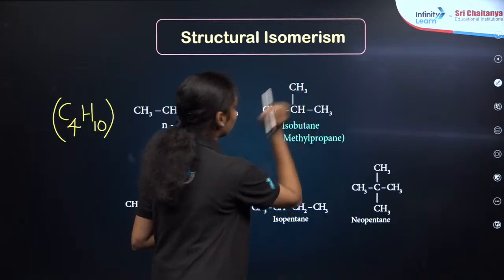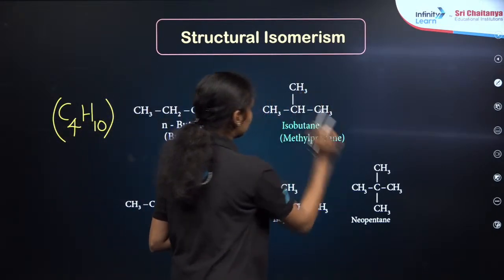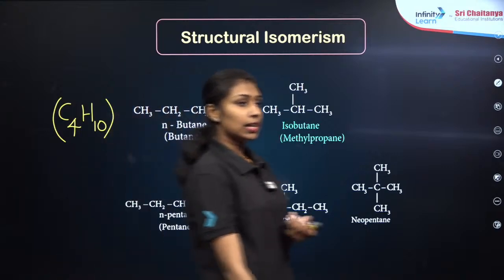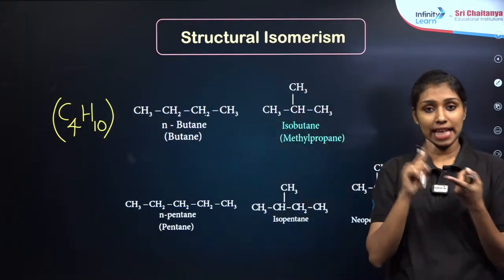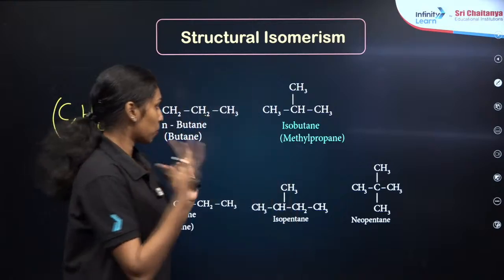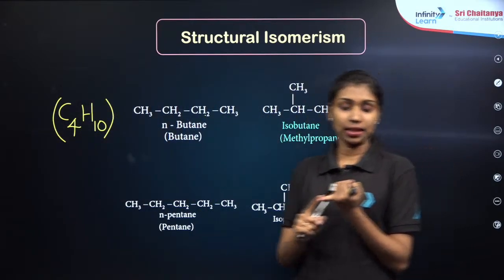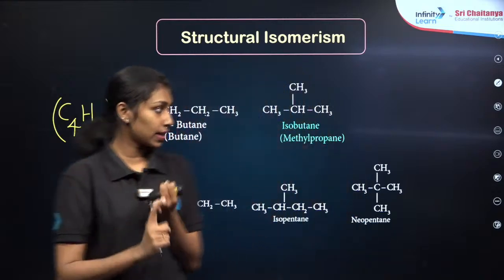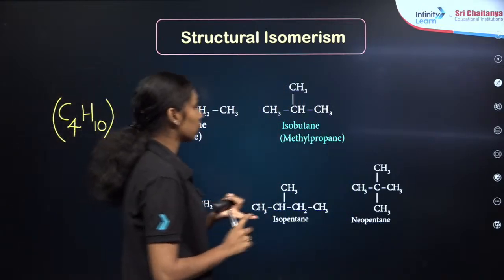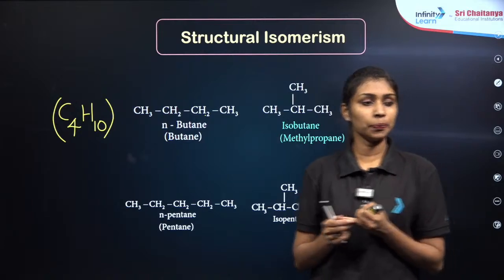Again 1, 2, 3, 4 carbon, C4, 3 plus 1, 4 plus 3, 7 plus 3, H10, right? So compounds having the same molecular formula but a difference in structure, position or functional group are known as isomers in general. Here it is a difference in their structure, so it is called structural isomerism. Clear?